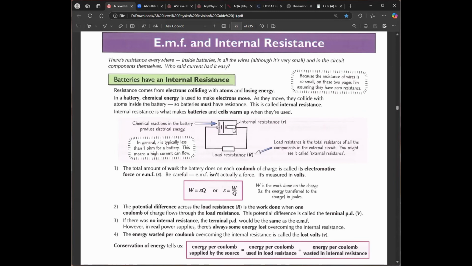We show that internal resistance with a small letter r. Now that is called internal resistance. But what is the maximum that it is producing? Just like brake horsepower for a car, bhp, we call this EMF. In terms of a car engine, EMF is just the bhp that it has the potential to produce.